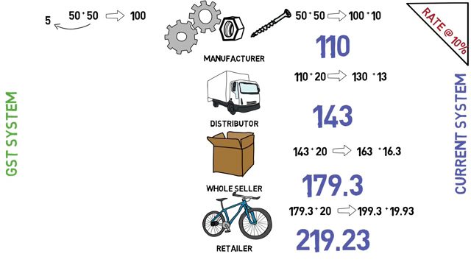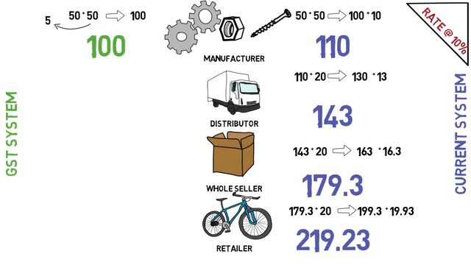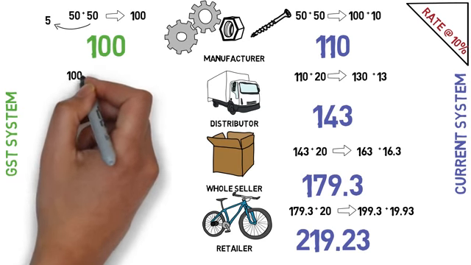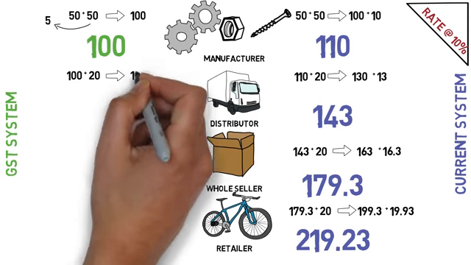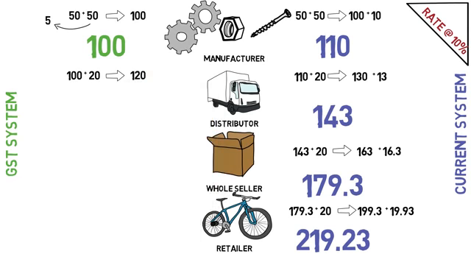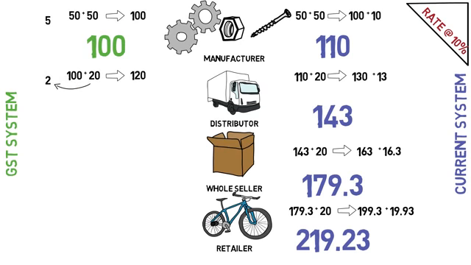But the selling price will not increase, and the cost of the product for the distributor is 100 rupees only. Then the distributor adds 20 rupees profit and the product becomes 120 rupees. He pays the tax of 2 rupees on his profit of 20 rupees.